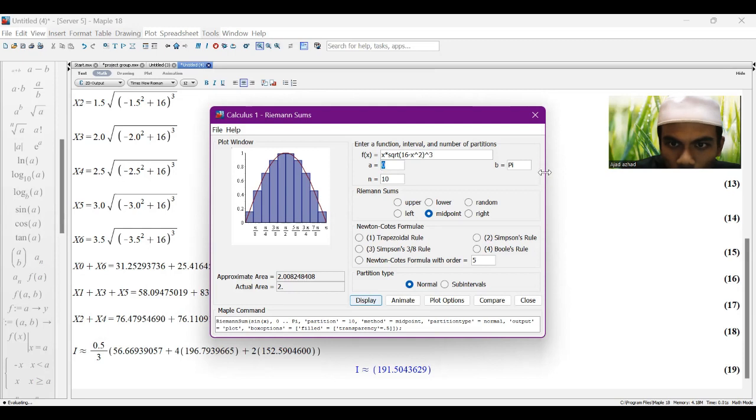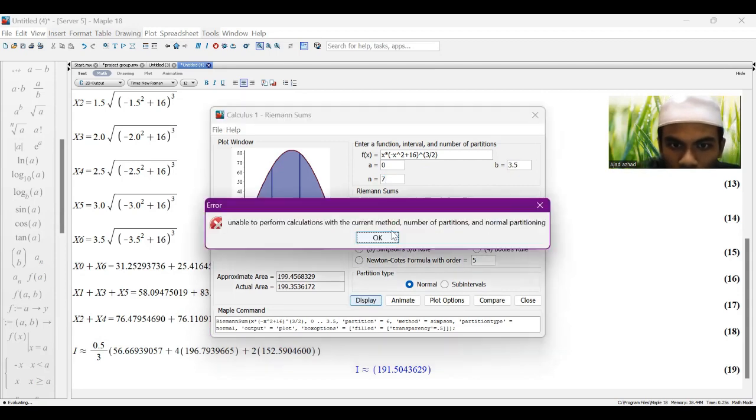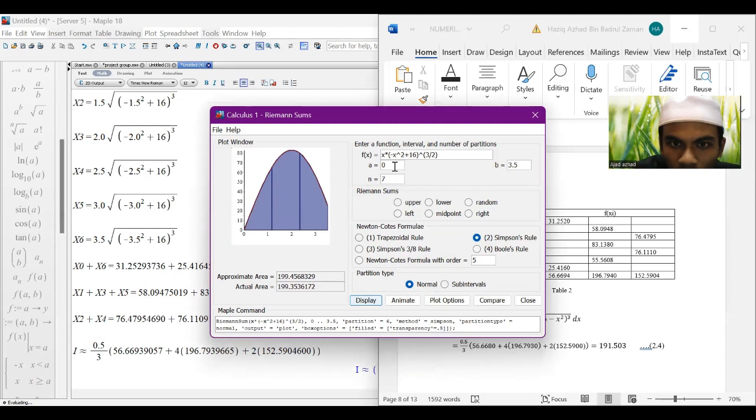And for the a value is 0, and for the b is 3.5. The n is 6. Then we use Simpson's rule 1 over 3. So we display the value. X times 0.5.